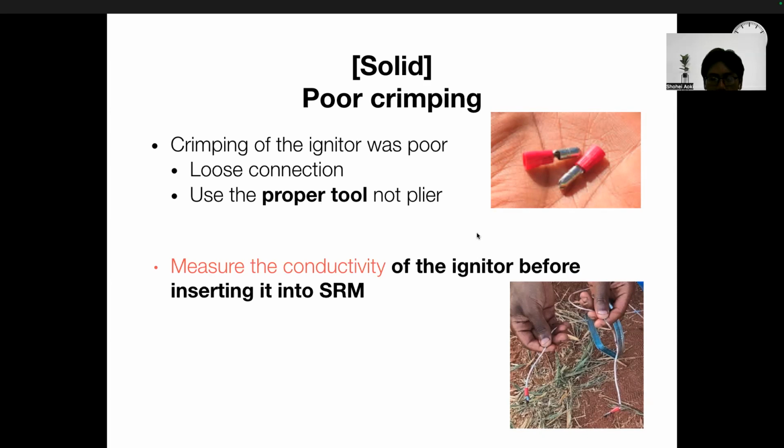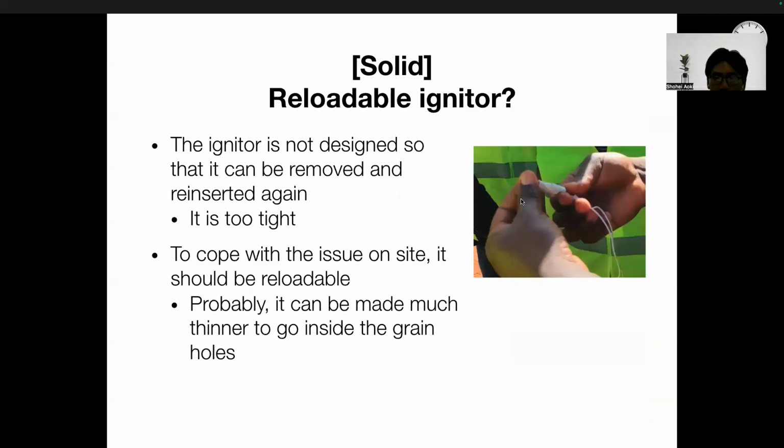My suggestion is that we design the igniter much thinner so that it is reloadable, so you can remove it and reassemble it on site. Next, yeah, this is what I was talking about.